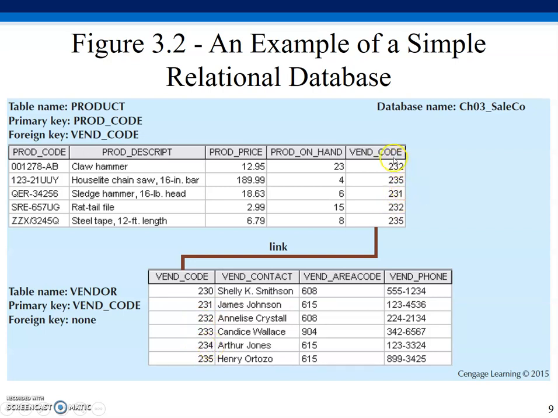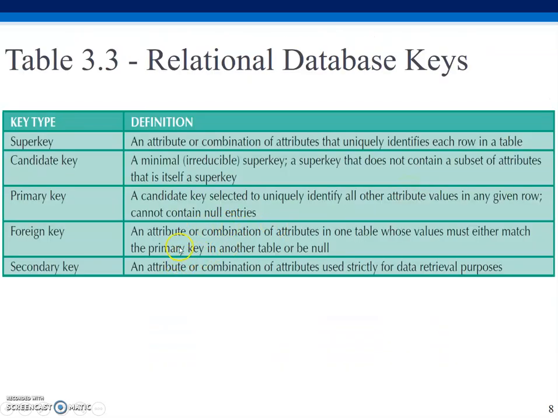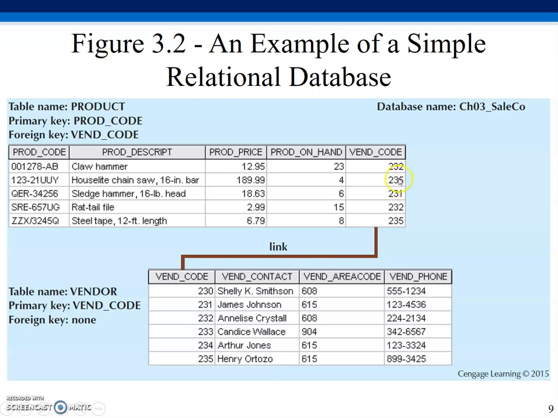That's okay, because as long as the foreign key values can be found in the primary key of this table, no issue. Either that, or let's say if I have a null value here, instead of 235 it is null, it is also okay, because null has got no effect. It does not violate the rule of this definition. What it says there, must either match the PK in another table or be null. So that is exactly what happens. So if it's null, no issue.